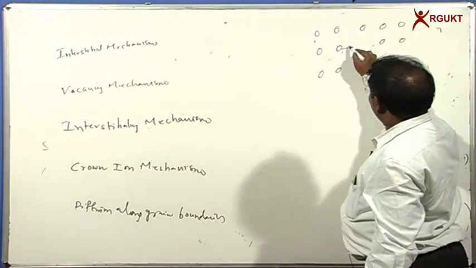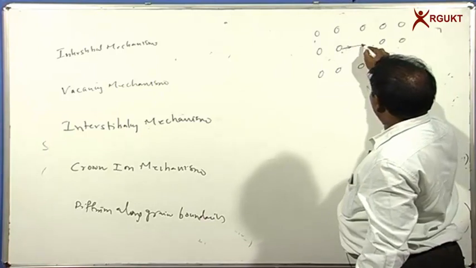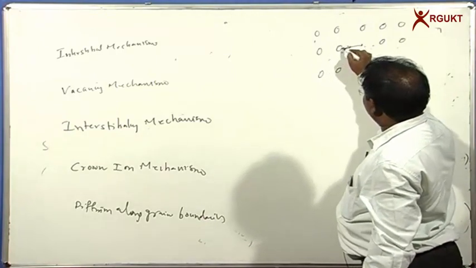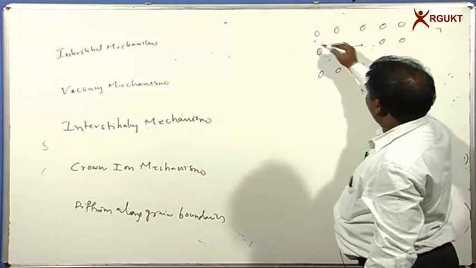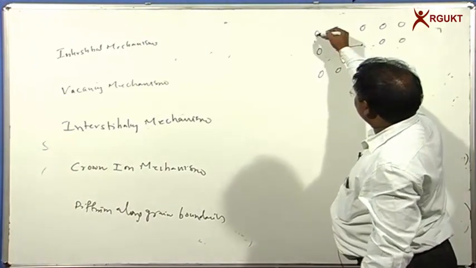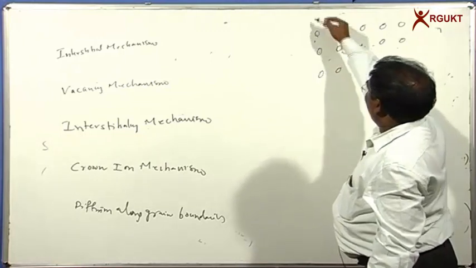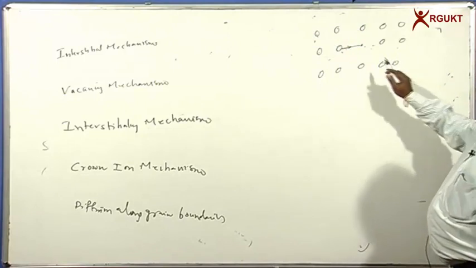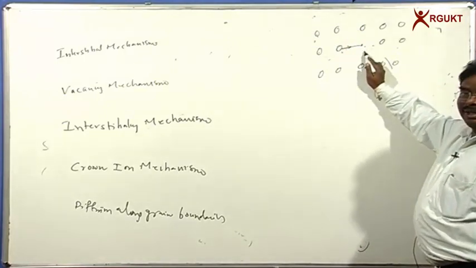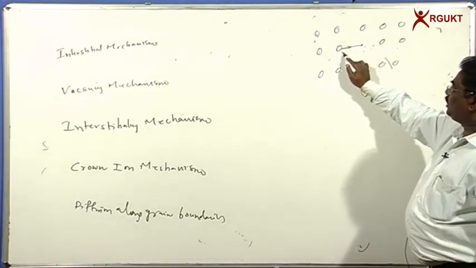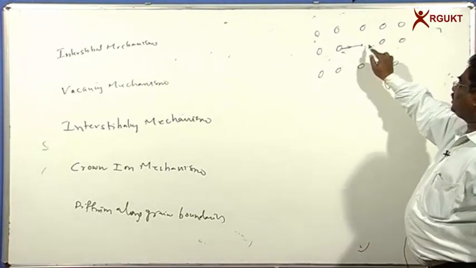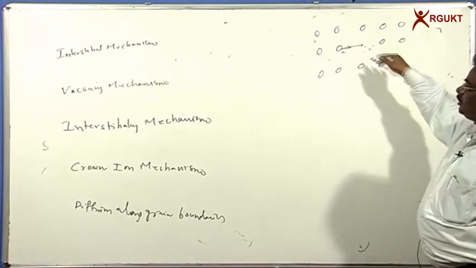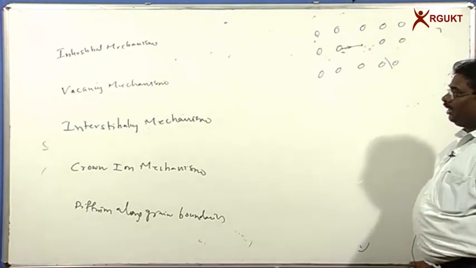Now a molecule at one interstitial site moves to this location, and then its old place is vacant, and another molecule comes into it. So if one interstitial site is vacant, the molecules move from one interstitial site to the vacant site, and so on. Ultimately the diffusion takes place. This is what we call the vacancy mechanism.